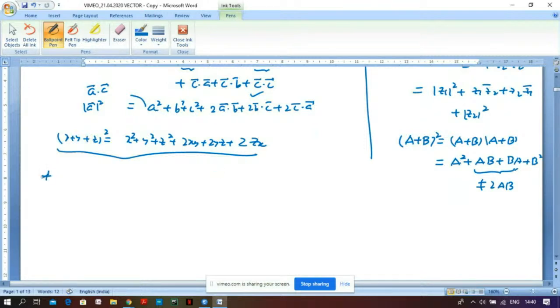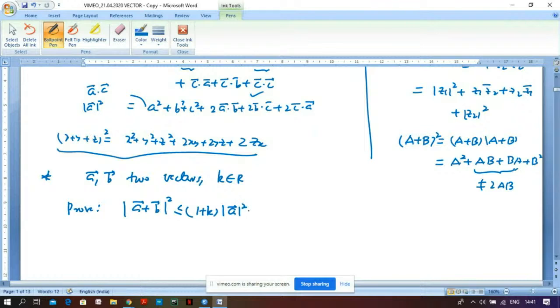So my first problem concerns that given a and b be 2 vectors, and k belongs to R, then you want to prove that modulus of a plus b whole square is less than or equal to 1 plus k times modulus a square plus 1 over k times modulus b square.